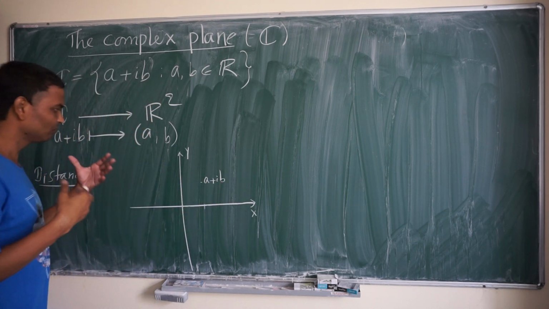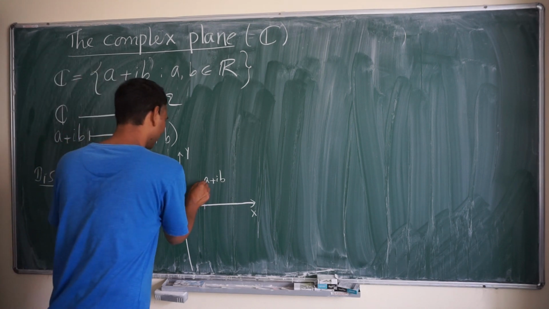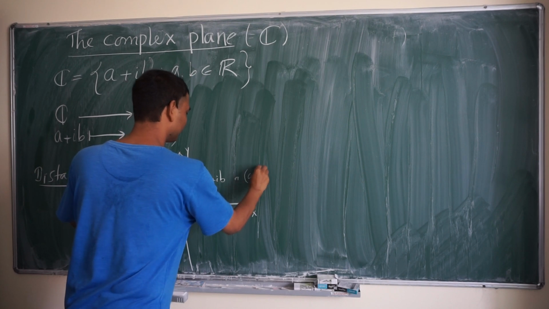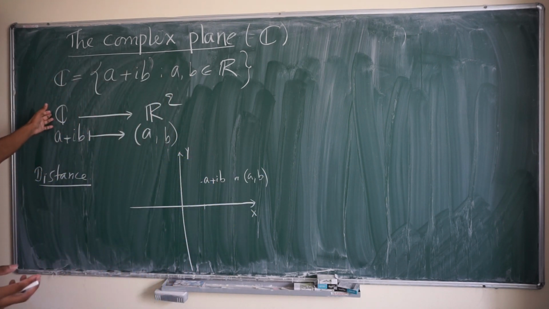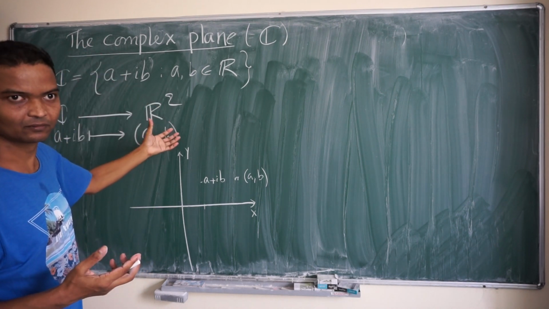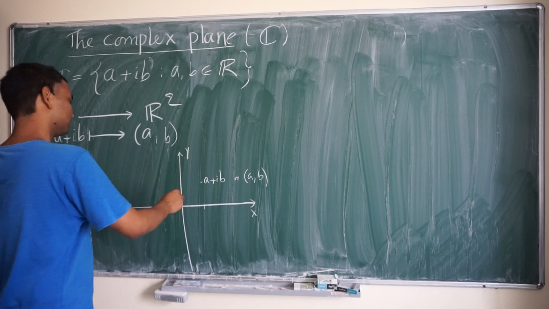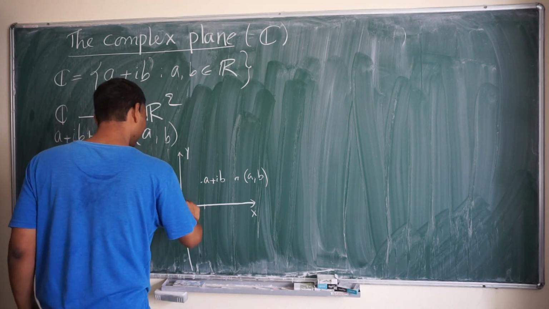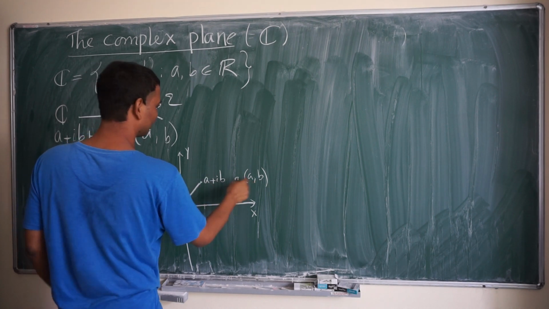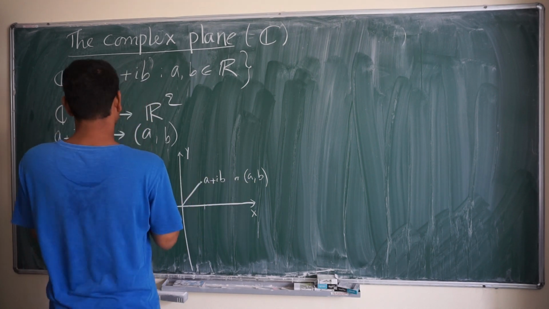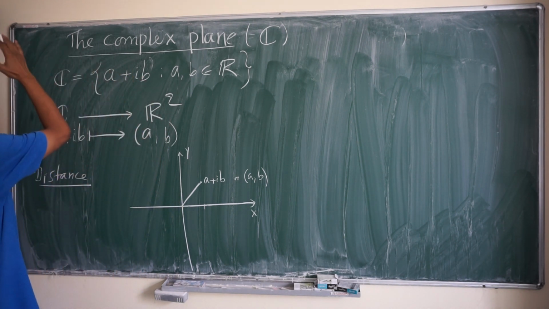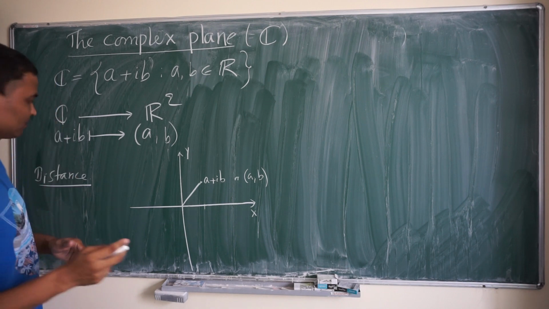We will denote this as A plus IB or (A, B), depending on whether you are looking at the complex plane C or R2. So the distance from 0 would be the distance in R2. The distance in R2 will be considered as the distance in C.